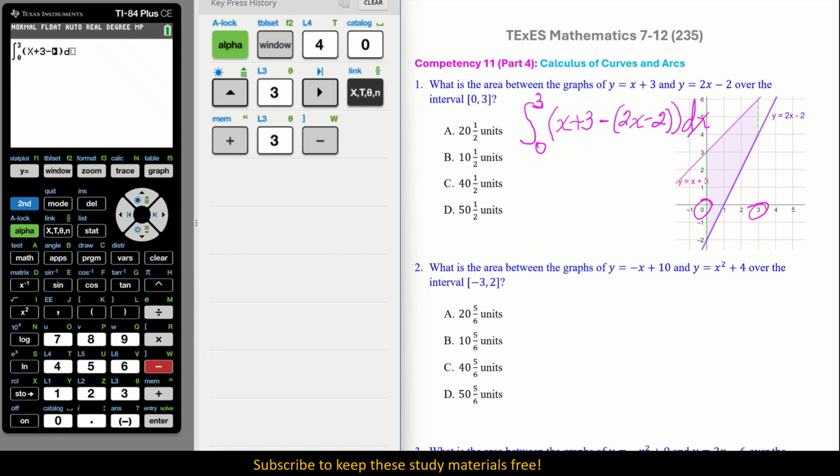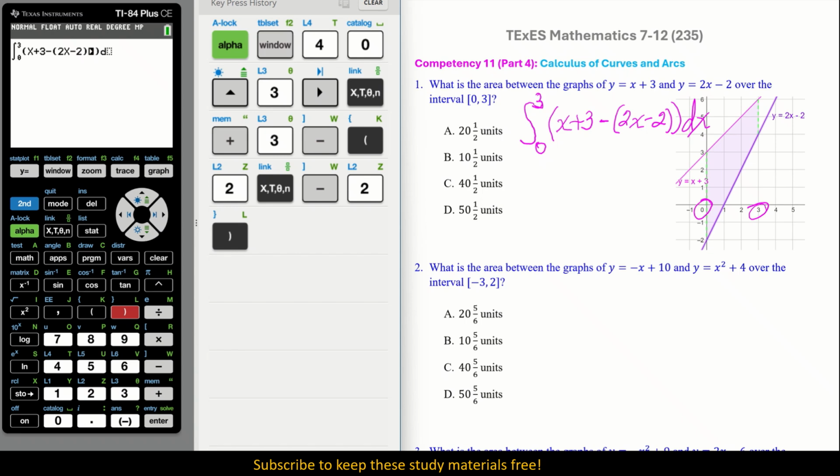Then use your subtraction, open up a new parentheses because we're dealing with order of operations. Yes, you could distribute the negative to the 2x and the negative 2, but why do that when your calculator will do it for you? So 2x minus the 2.